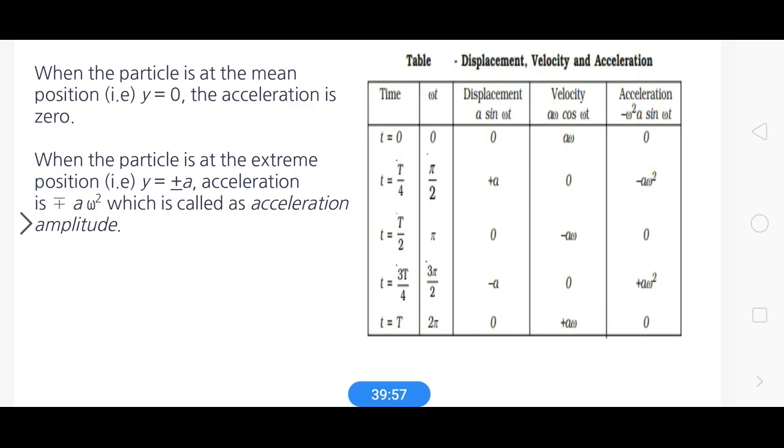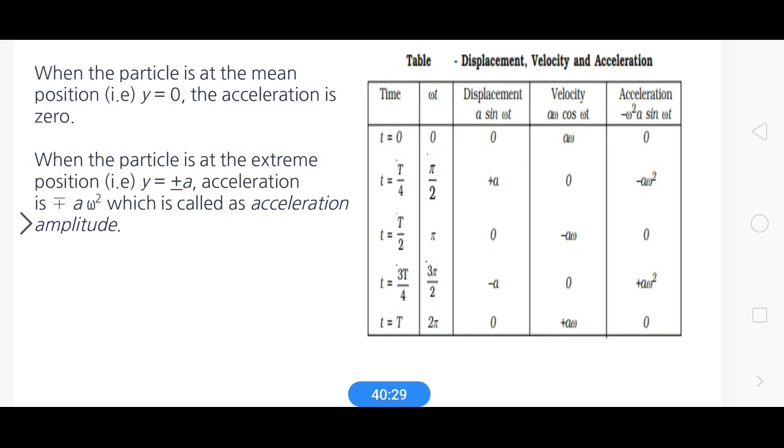And here we have a chart, that is the time versus the displacement, velocity, acceleration values. So here at time t is equal to 0 and T by 4, T by 2, 3T by 4 and T, the corresponding omega t values are 0, pi by 2, pi, 3 pi by 2, 2 pi.